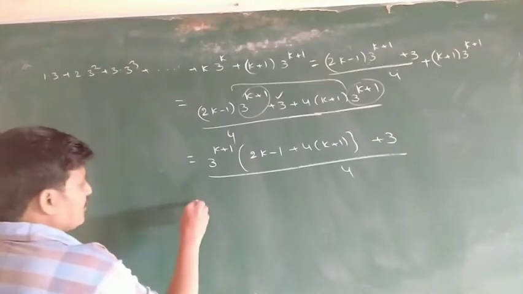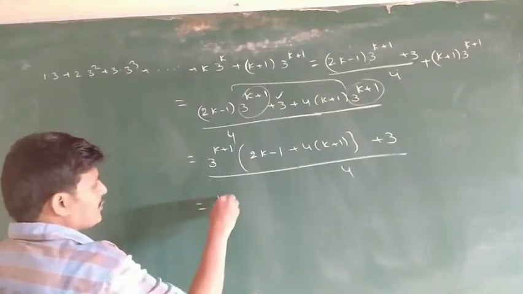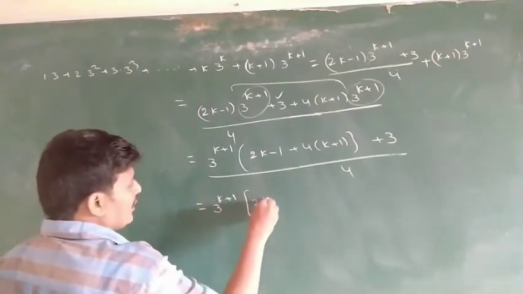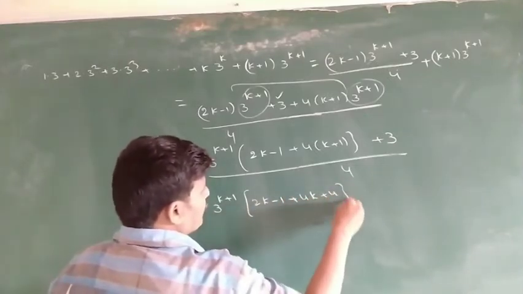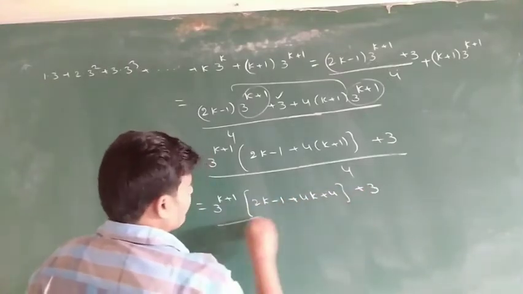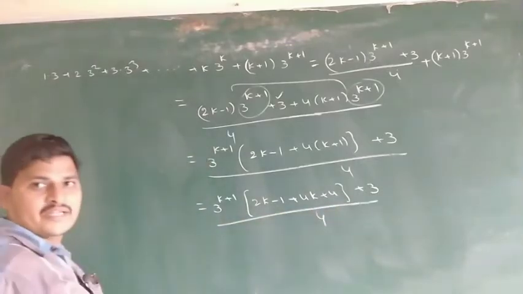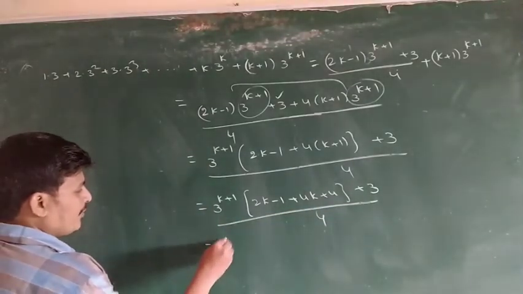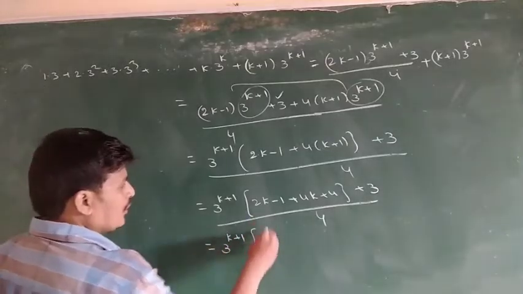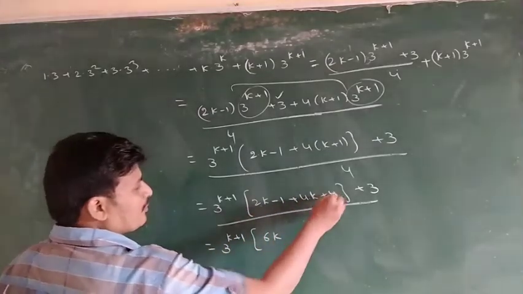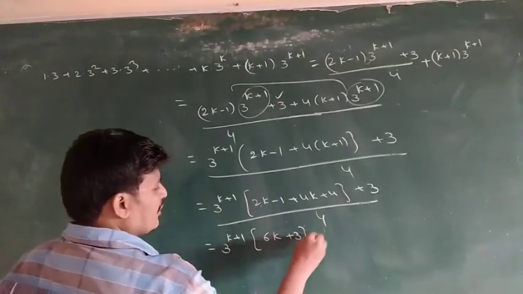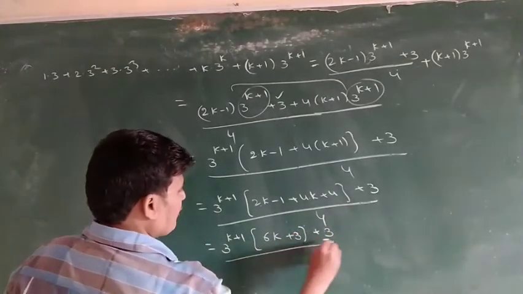So that is equal to 3 power k plus 1 times 2k minus 1 plus 4k plus 4, plus 3 by 4. Okay. Next, 3 power k plus 1 times 2k plus 4k, 6k, minus 1 plus 4, plus 3 by 4.